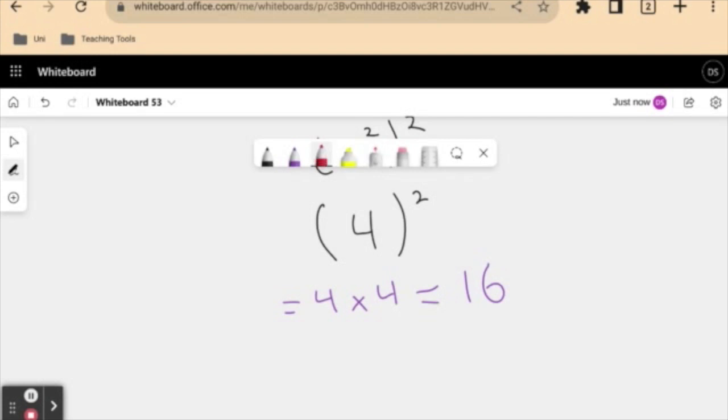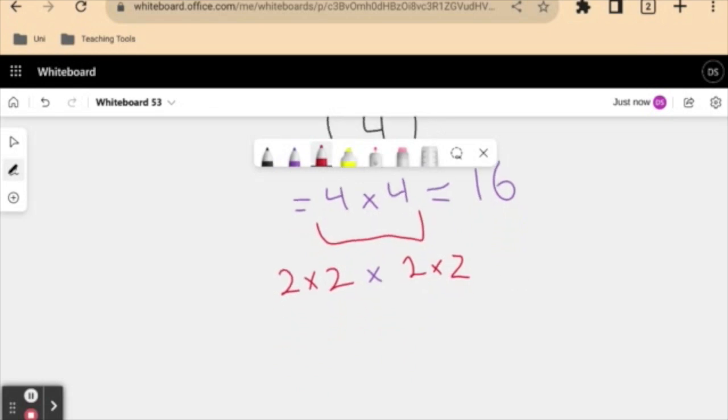So this thing here, 4 times 4, well, we know that 2 times 2 is 4. So that's like saying this one here is 2 times 2. And that's multiplied by another 2 times 2.